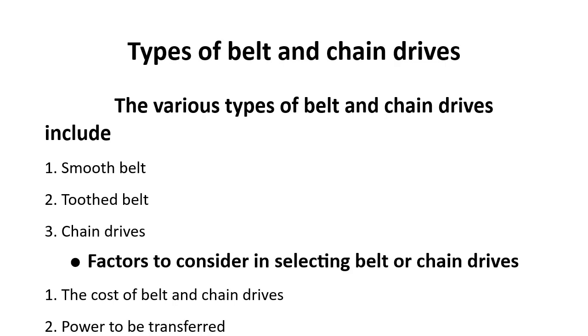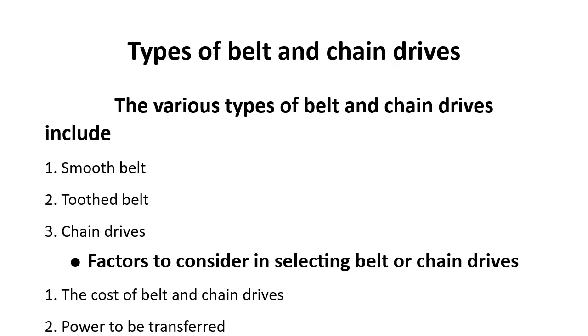It's made up of a sort of hook that can hook on the pulley, and that is what we call a toothed belt. Then the other one is the chain drive belt, which uses a chain. We have now considered the various types of belt and chain drive.